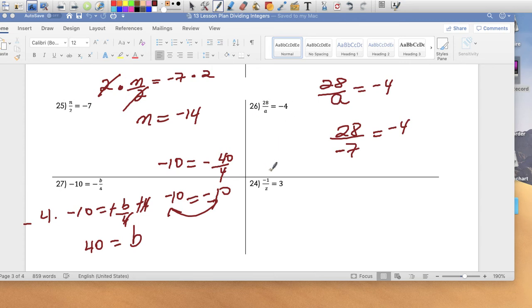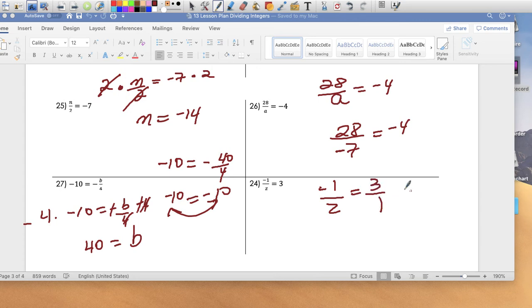So a number, negative 1 divided by a number that I don't know equals 3. Let me see if I can, I'm trying to figure out a simpler way of showing you how to do this. But let's see. We're going to cross multiply in this one.